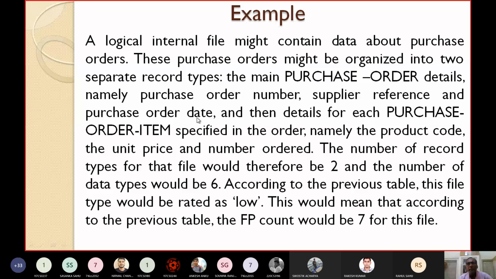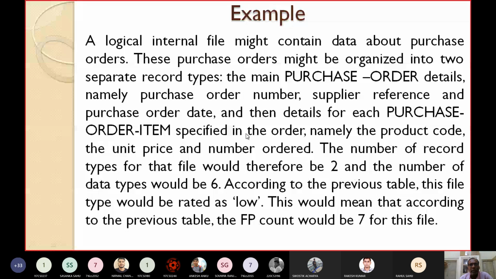So one is for the purchase order, another is for each item. The second one is the details for each purchase order item specified in the order. So what data will be present in this record? Like the product code or the item code, the unit price of the item, and the number ordered. That means the details of the items.